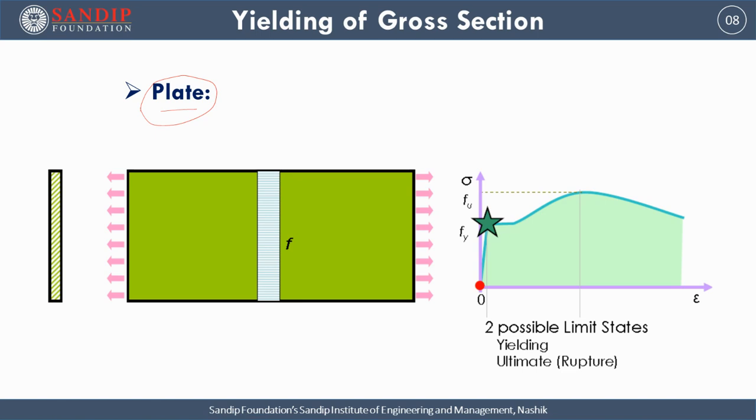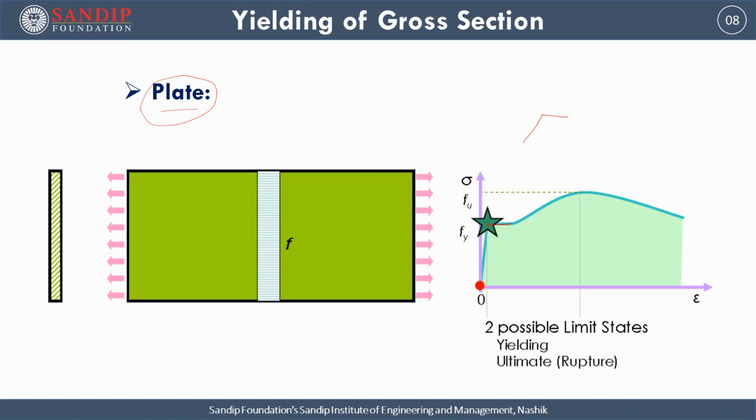Yielding is the phenomenon in which, at constant stress, there is continuous increase in strain. This is the yield point. From this point onwards there is continuous increase in strain, but stress is almost constant. So this is what yielding means: at constant stress there is continuous increase in strain.